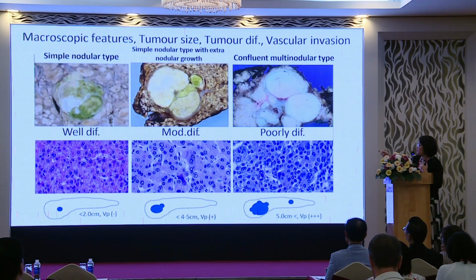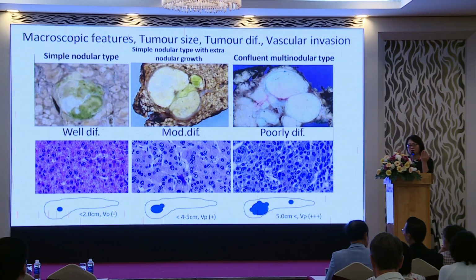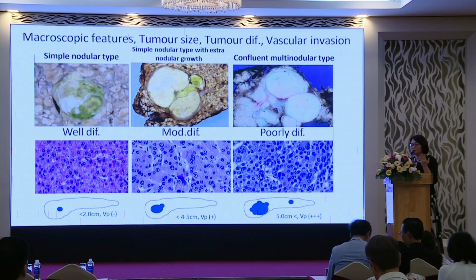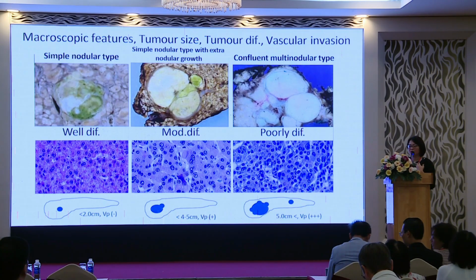So there is a strong correlation between macroscopic features, tumor size, tumor differentiation, and vascular invasion, as you can see here. And this can tell you that we can somehow expect tumor aggressiveness based on the tumor size, which means that if tumor is larger than 5 centimeters, you may expect that this tumor can be very aggressive with vascular invasion.